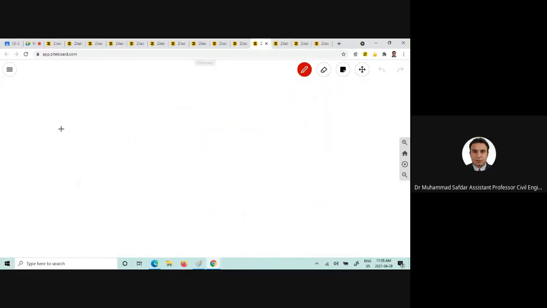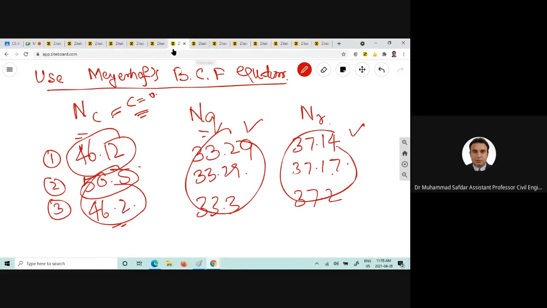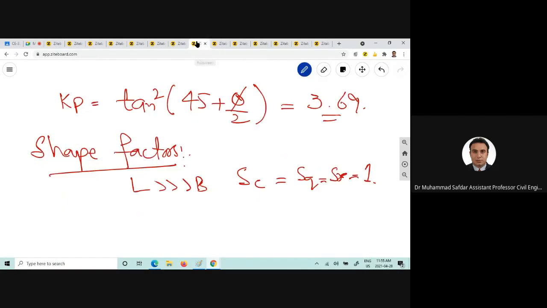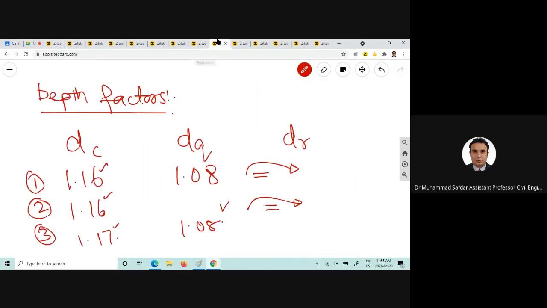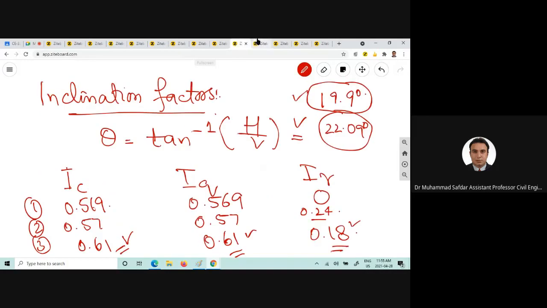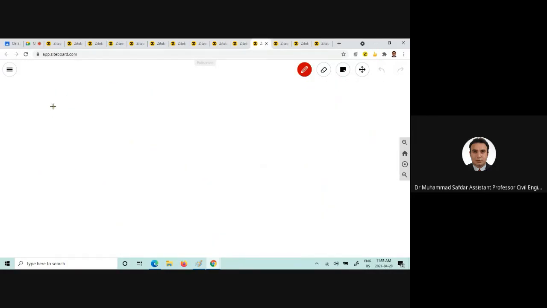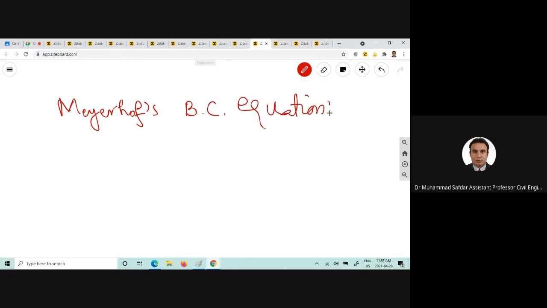Now we got the Nc, the bearing capacity factors, we got the shape factors, we got the depth factors, we got the inclination factors. Now we can use the Meyerhof bearing capacity equation and use the lengthy equation of the Meyerhof, and I need q ultimate.